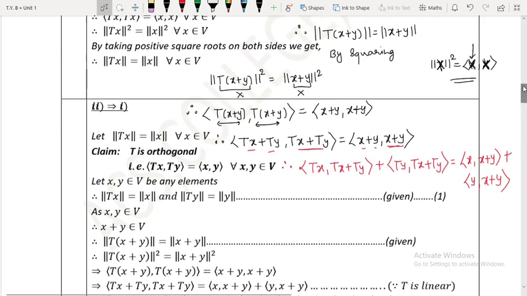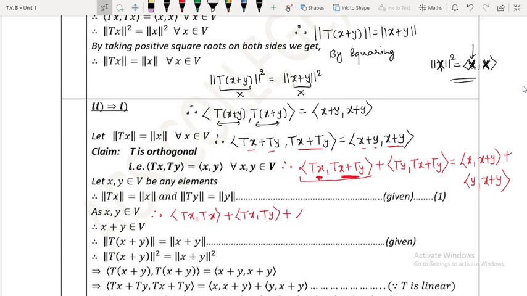Now what is the next step? Now I will keep this as fixed and I will distribute this, right? So I will write it here. So the inner product of Tx with Tx, plus the inner product of Tx with Ty. So those are the calculations for this term, plus the inner product of Ty with Tx plus the inner product of Ty with Ty.